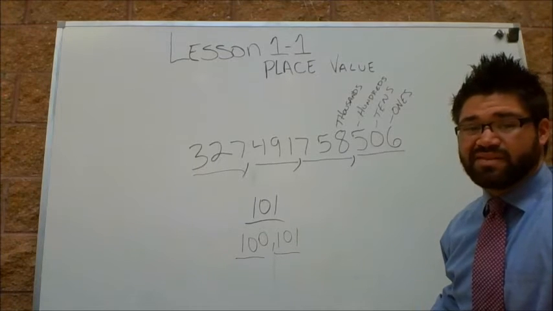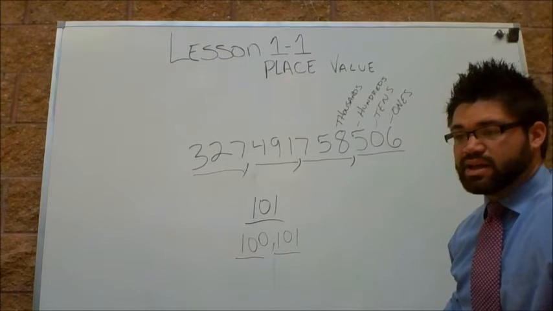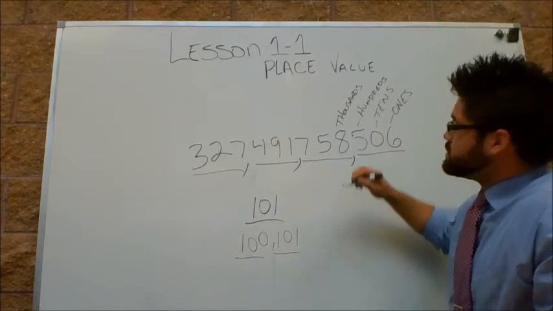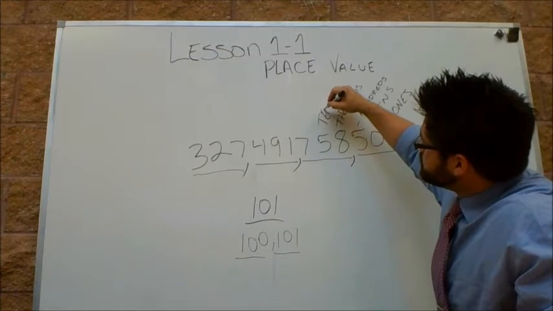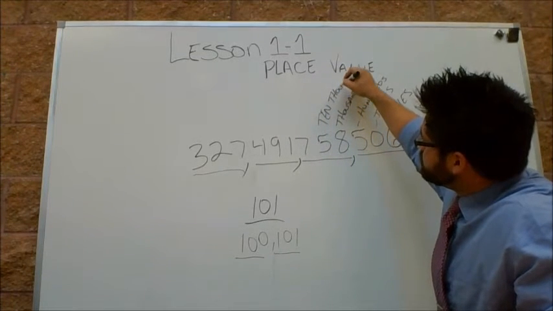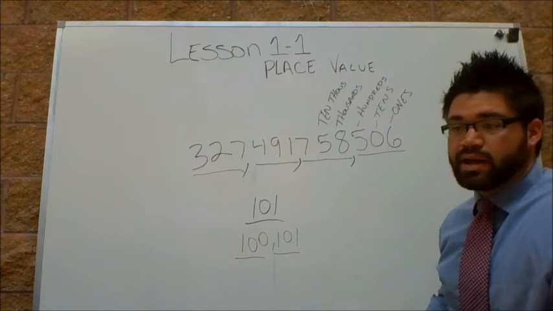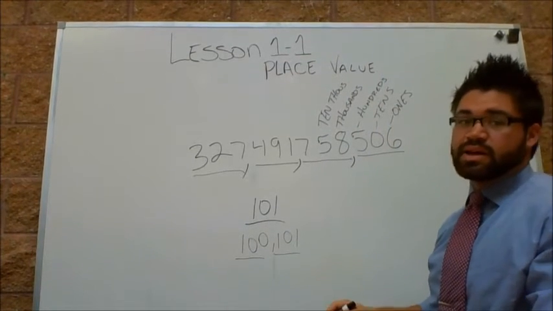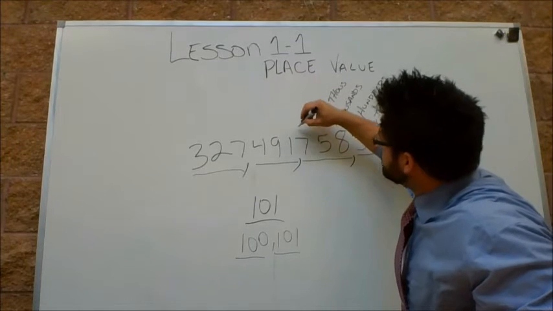Now we're looking at the 5. The 5 is going to be in the 10,000s. Okay, and now we're looking at the next one, which is going to be the 7. That's in the 100,000s.